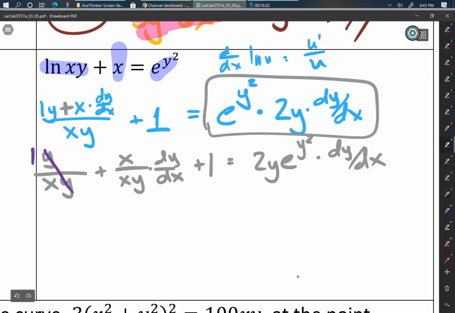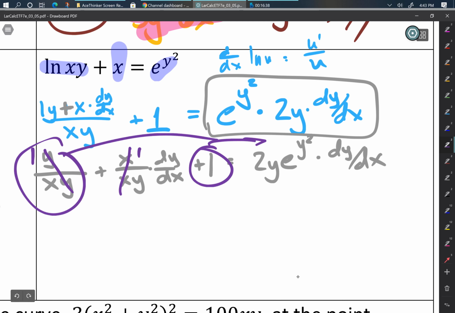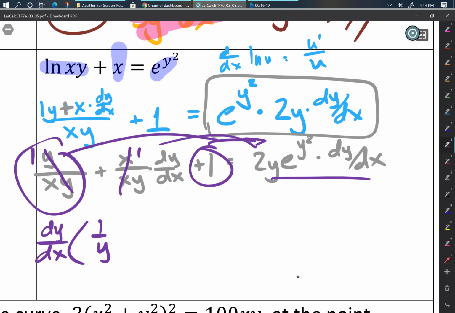1 over x, 1 over y. Move this term to the right. Move that term to the left. When I move to the left, I'm going to get dy/dx times 1 over y minus 2y e to the y squared is equal to negative 1 minus 1 over x.